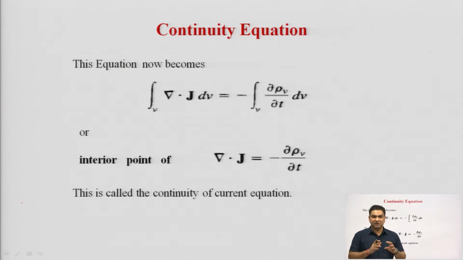The integrands of these two volume integrals must be equal to each other, and we can write that del dot J is equal to minus del rho_v by del t. This is the equation known as the continuity of current equation, and it describes the relationship between the current density and charge density.